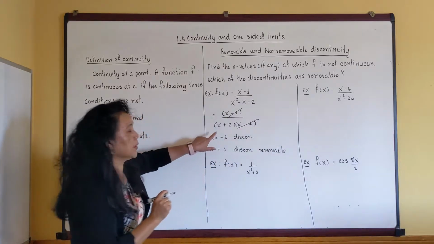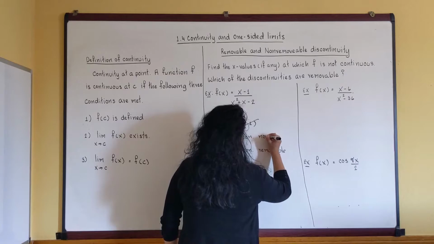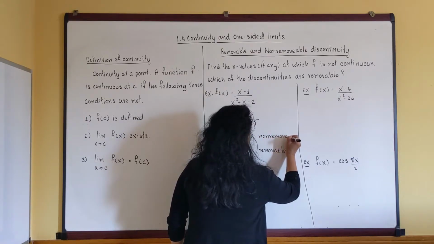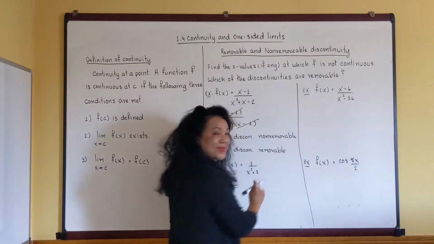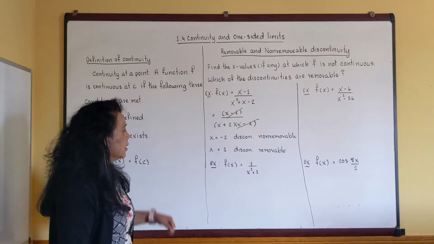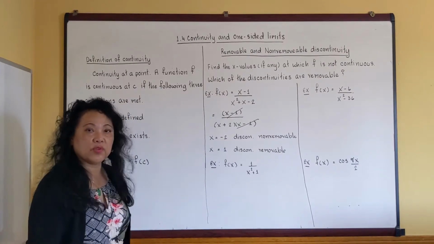And the negative 2 here I can't reduce, so it's non-removable. Alright, so two numbers are discontinuous, negative 2 and 1. One is removable, the other one is non-removable.